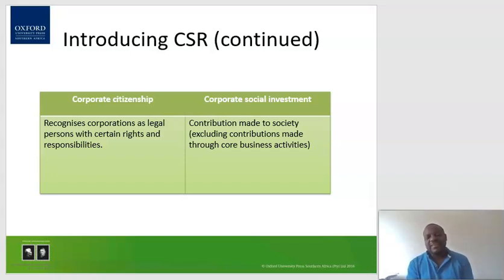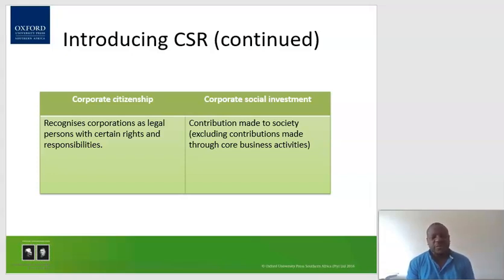There are also other terms that are important for us to understand, which are basically corporate citizenship and corporate social investment. Corporate citizenship recognizes corporations or organizations as legal persons with certain rights and responsibilities.